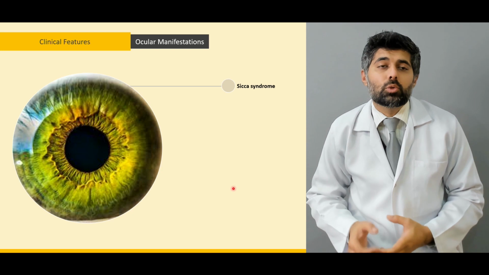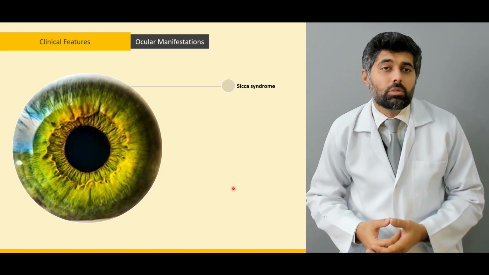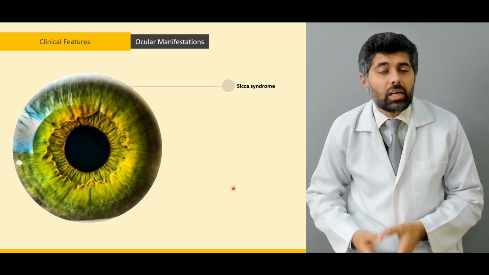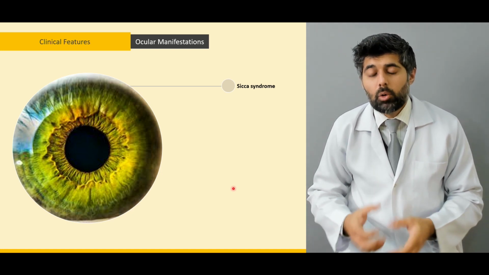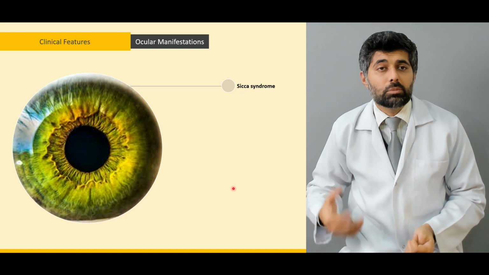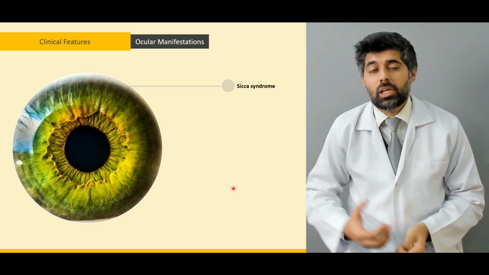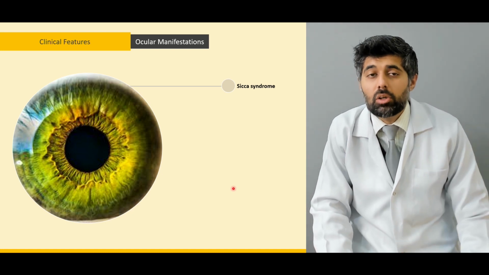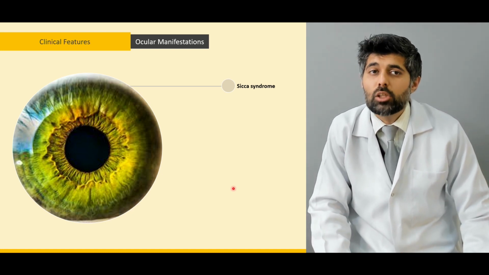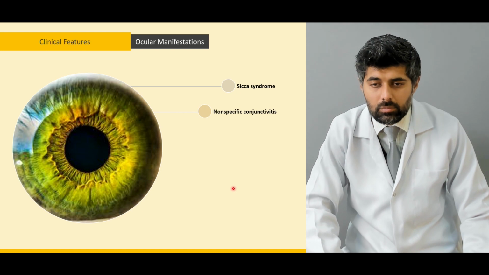This is also an autoimmune syndrome in itself, and this results in dry eyes. Now, it can result in other symptoms too, but for the eye, this results in its dryness. So, it's called the Sicca syndrome or the Sjogren syndrome.